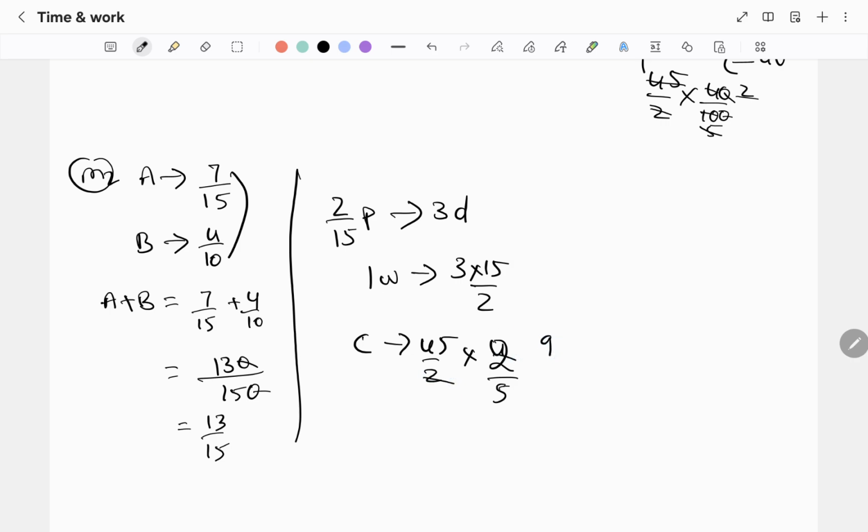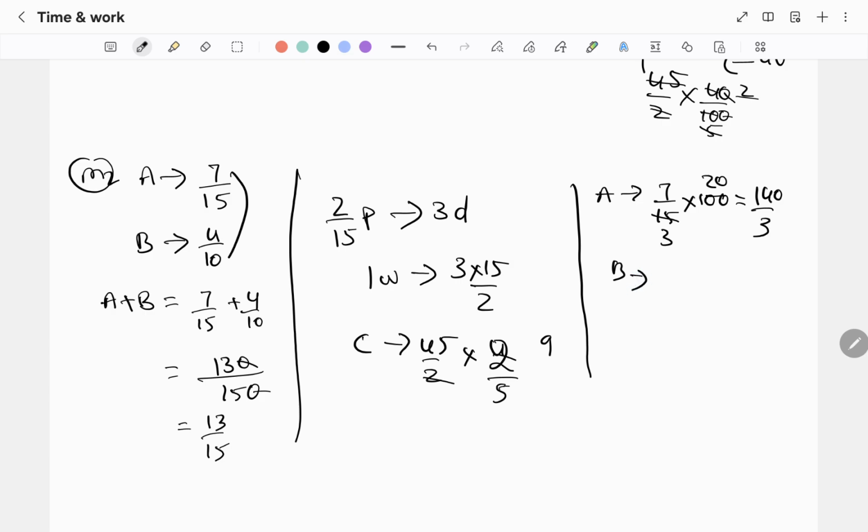If you need, there is one more method. Actually, A worked for 7 days out of 15. The percentage is 7 by 15 into 100, which is 140 by 3. See, check it properly: 140 by 3 percentage.